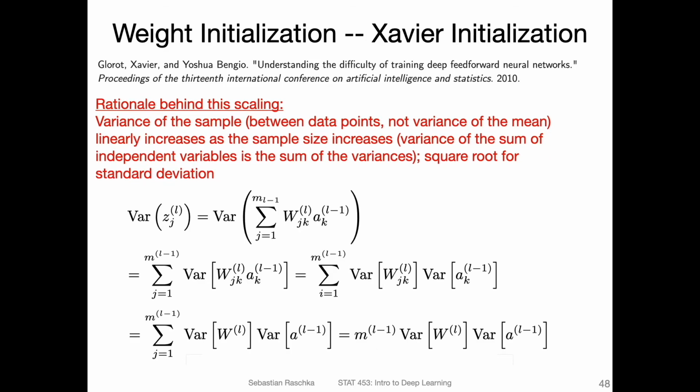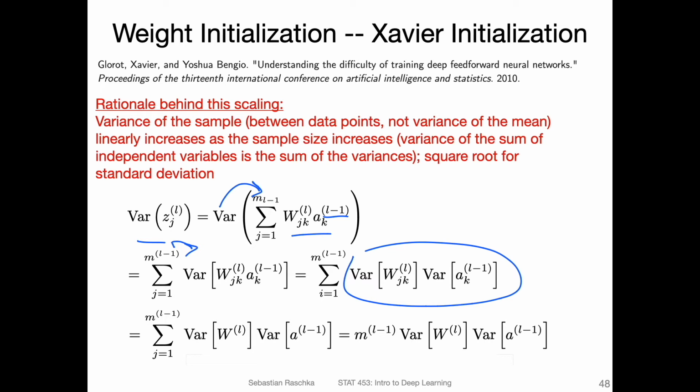All right, so here's just a very brief sketch of what I meant. If we have the variance of the net input, just focusing on one unit here, this can be expressed as the sum over the weights times the activation from the previous layer. That's nothing new. The variance of the sum is the sum of the variances, so we can rewrite this, and here I'm extending it, as these are independent variables.